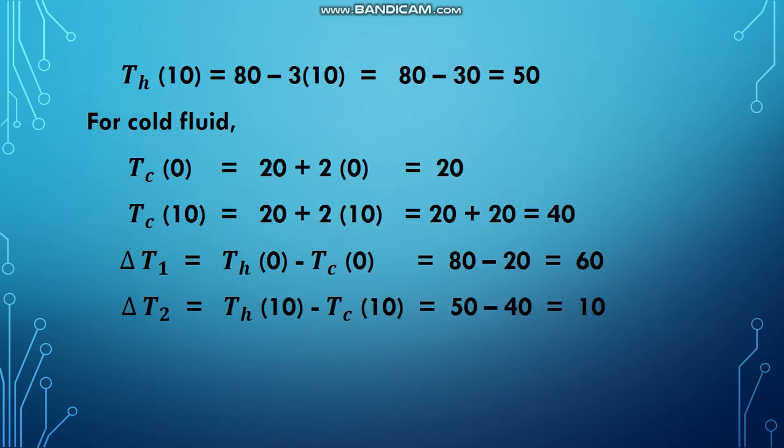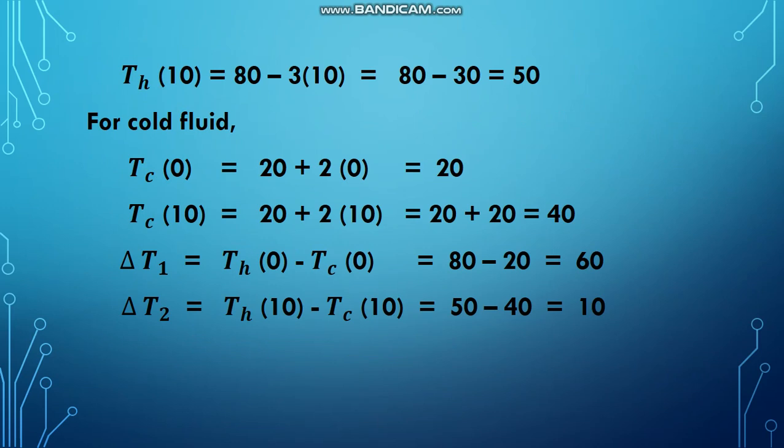Similarly, at x equal to 10, TH of 10 becomes equal to 80 minus 3 into 10, which is equal to 50. Similarly, for cold fluid, TC of 0 is 20. TC of 10 is 20 plus 2 into 10, which is equal to 40.